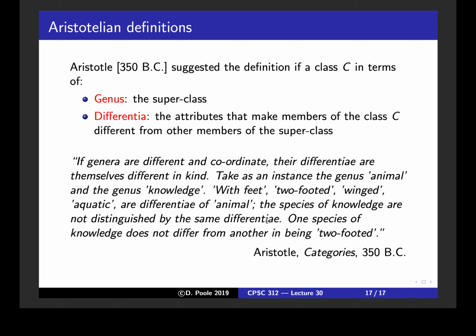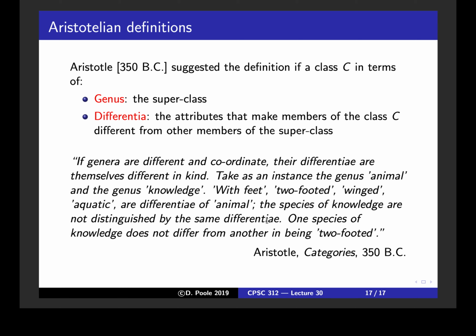He suggested defining a class C in terms of the genus, which is just a superclass, so for each class you define what the superclass is, and then the differentia, the attributes, where an attribute is a property and value pair that makes members of the class C different from other members of the superclass. And here's an interesting quote.